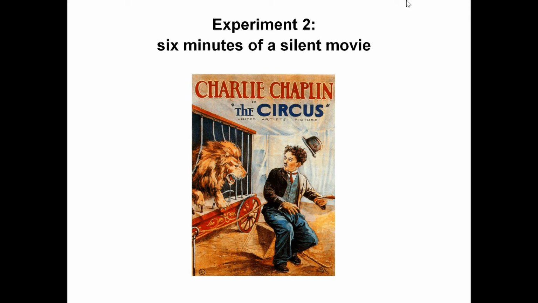In experiment 2, we wanted to see whether we can find face-selective activity also within a movie with more natural stimuli. So it was 6 minutes from a silent movie of Charlie Chaplin, The Circus. It was silent but with music in the background.